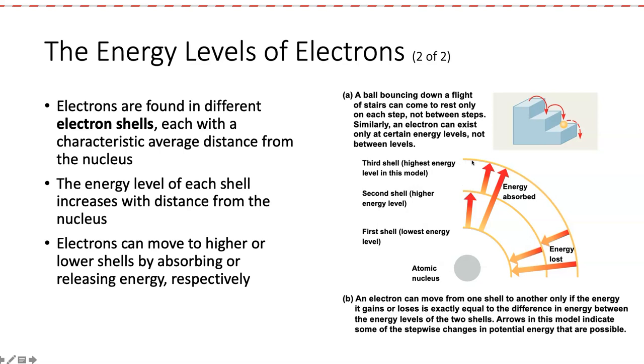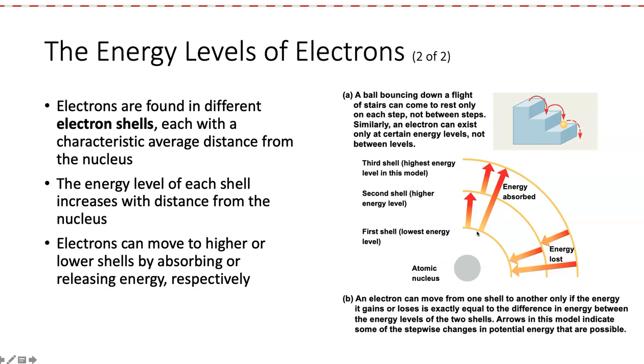The energy of the shell can increase as the distance from the nucleus increases, and electrons can move between shells. So you can have a low energy electron jump to the third shell, and all of a sudden it has a lot of energy, and it's going to move to this higher energy shell from the lower energy shell by absorbing or releasing energy.